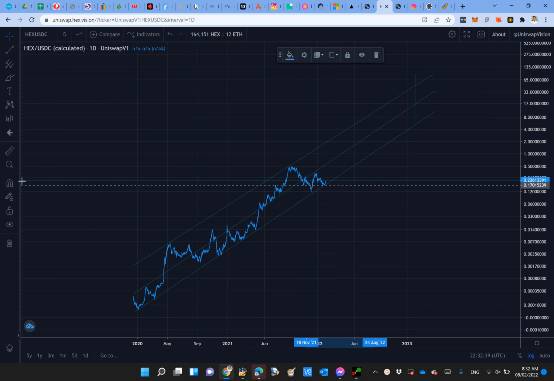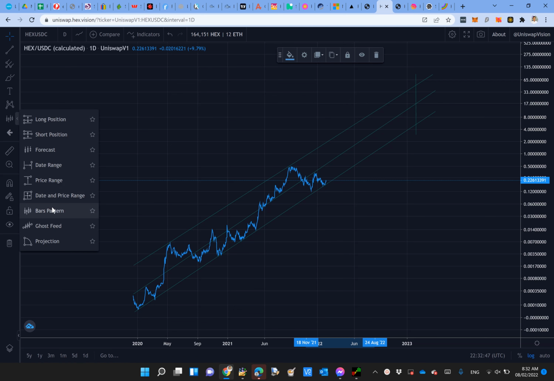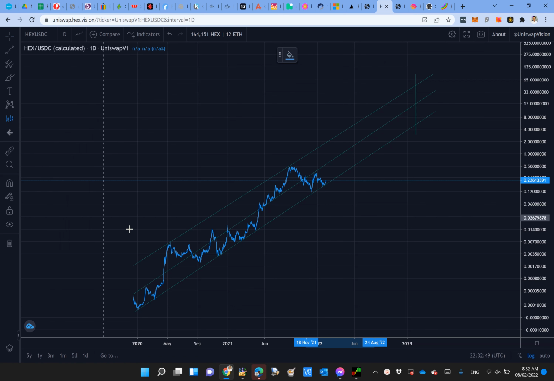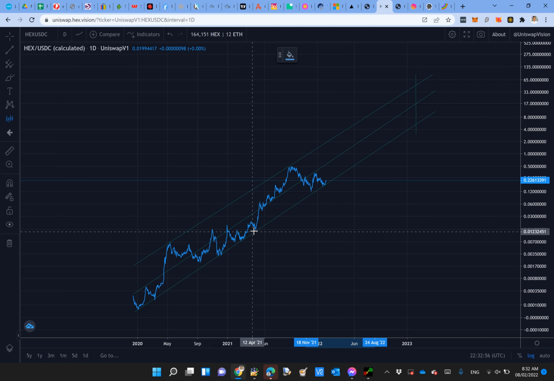There's a cool little tool here that you might want to play with. If you click this little tab and open it, it's called bar pattern. As you can see, every time it touches the bottom trend line, it tends to go up. So assuming we have now touched a trend line, it's going to go up.